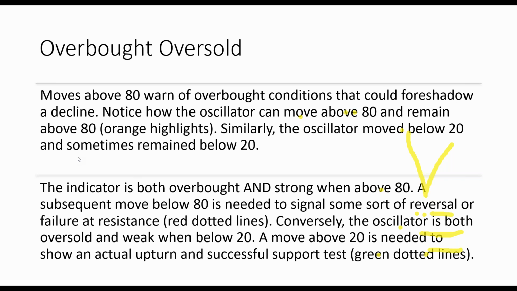A subsequent move below 80 is needed to signal some sort of reversal or failure at resistance. In other words, what we're looking for is for it to push above the 80, and the signal for the reversal will come when it breaks below that 80. Conversely, the oscillator is both oversold and weak when it's below 20.